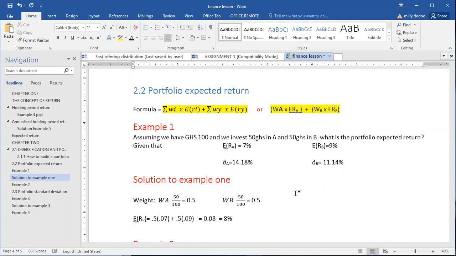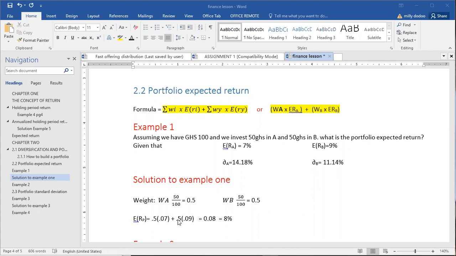So to find my expected return, it is equal to the 0.5, the proportion I'm giving to A, the 50 Ghana cedis I'm giving to A, which I found to be 0.5. So it is 50% multiplied by the 7% that Delphina will give me, plus the proportion I'm investing into Richmond.